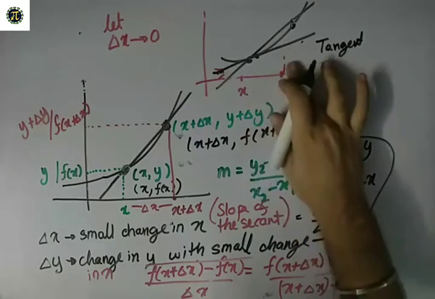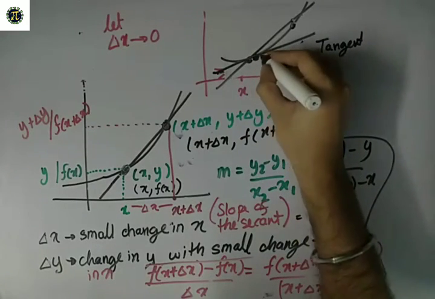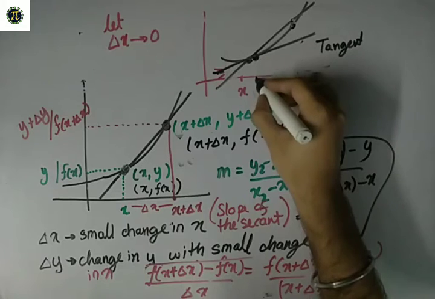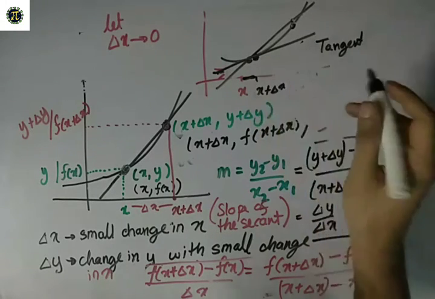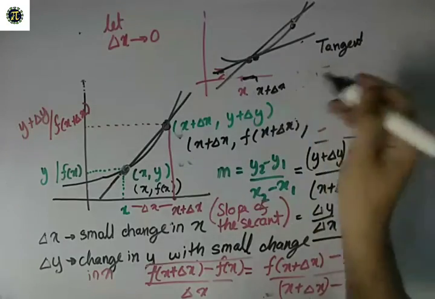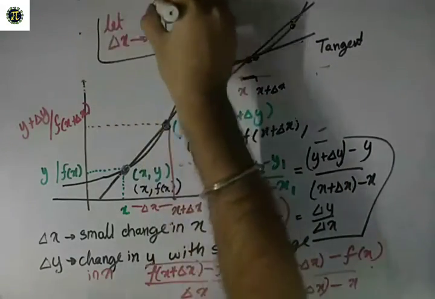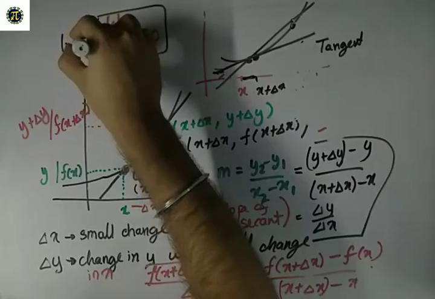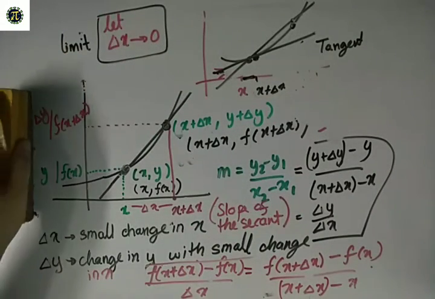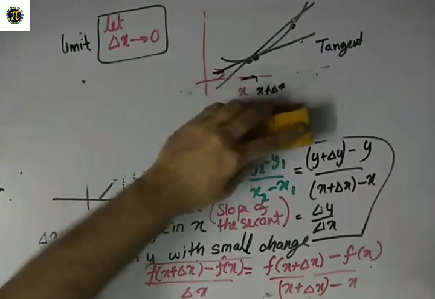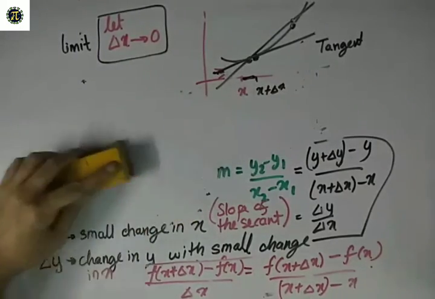Here delta x is much smaller, right? So let's say this point is much closer on the curve, and this is x plus delta x, and the small change is just this, and this is becoming more and more like a tangent. So this is the limit we need to apply, and that makes the slope of the tangent. So let's redefine everything here.